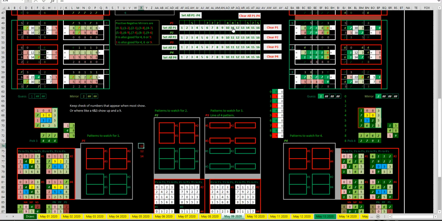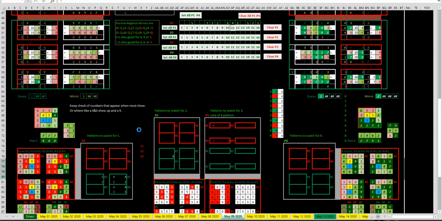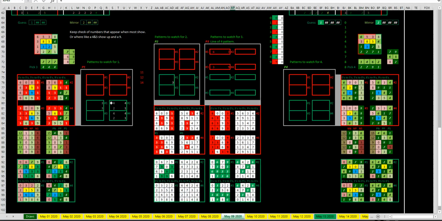So if I go up here and click on 11 to bring up the numbers that show up in the patterns, we have here and here, which are the positive side, and down here. Okay, the 4 is here on the 2 corners on both of these, on patterns 2 and 4.